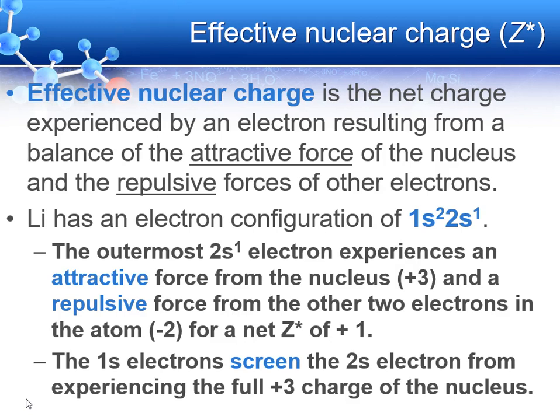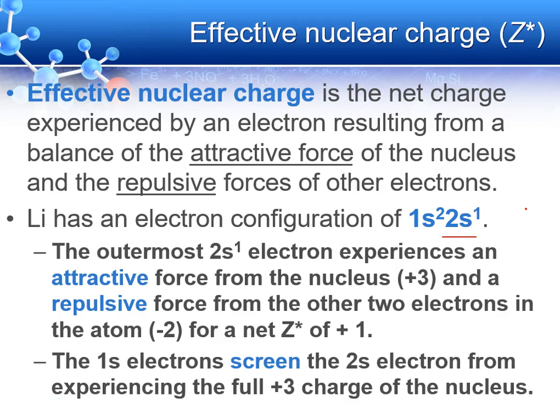Here, let's use lithium as our example again. Lithium has an electron configuration of 1s2, 2s1. In our discussion, let us focus on 2s1, just that electron. That outermost electron experiences an attractive force from the nucleus.